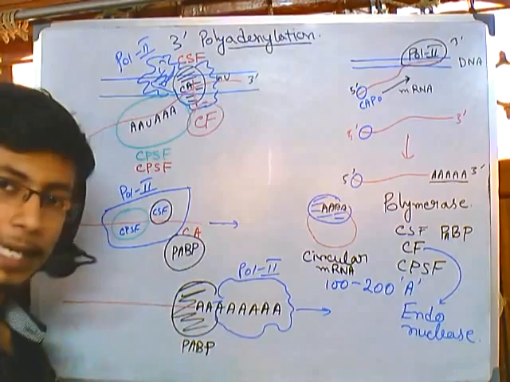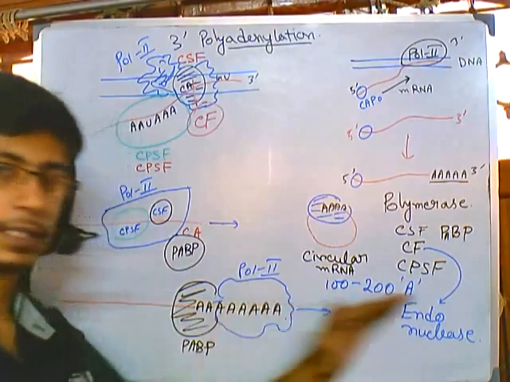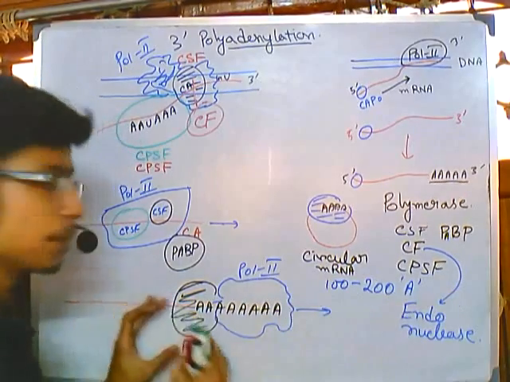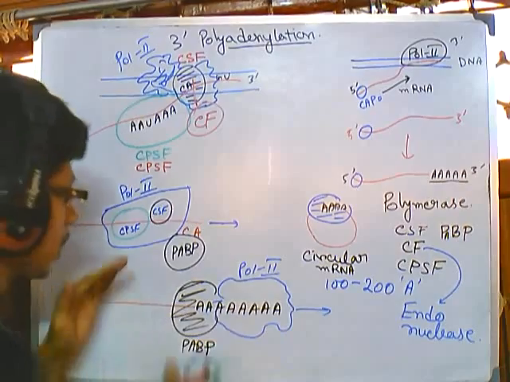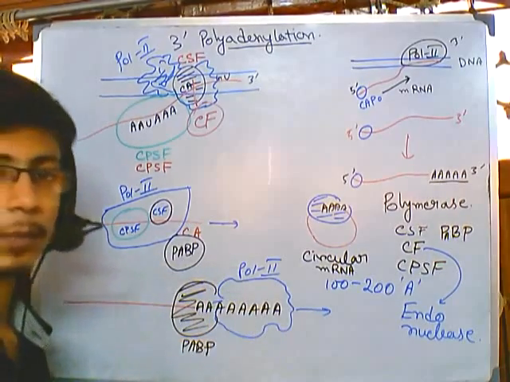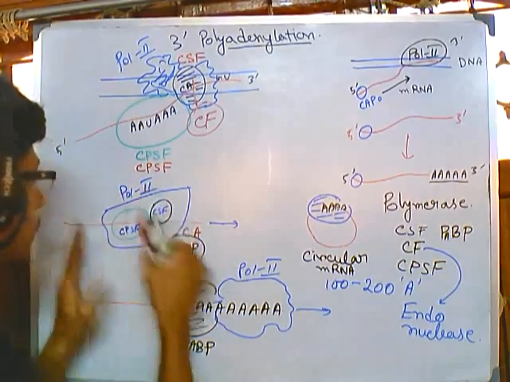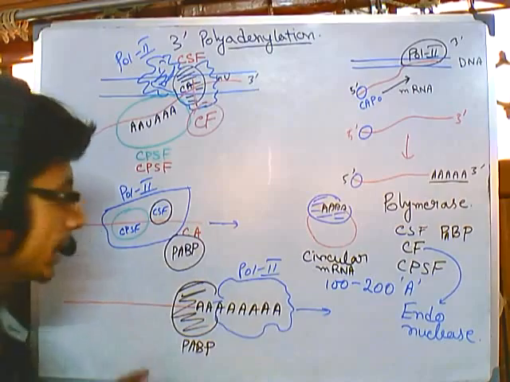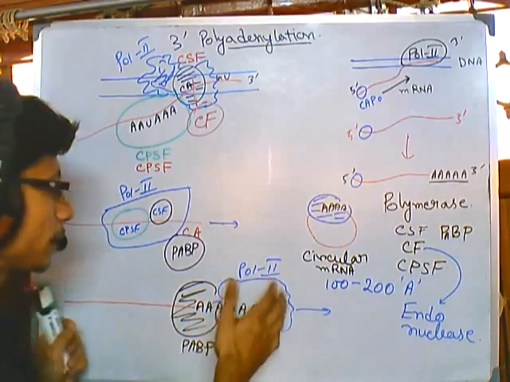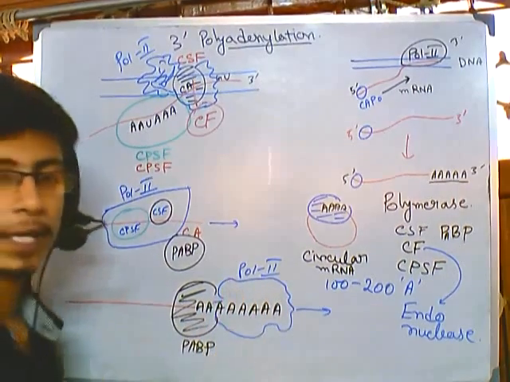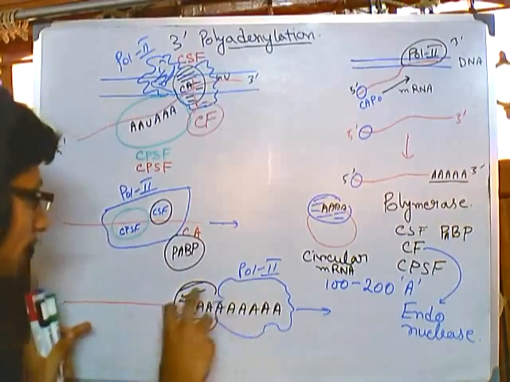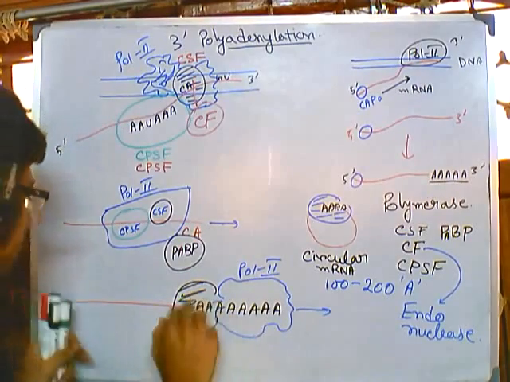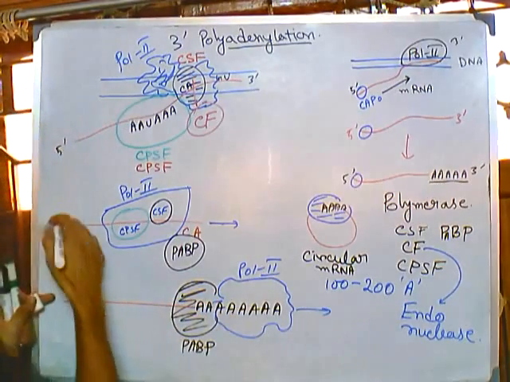So at the end point, polymerase 2 will be synthesizing it, and PABP will bind with this polyA sequence. Then the rest of the protein factors will fall off, and it will end up producing this mRNA.